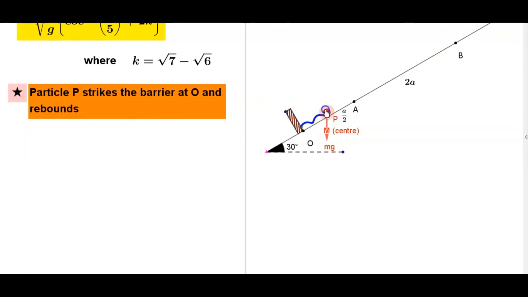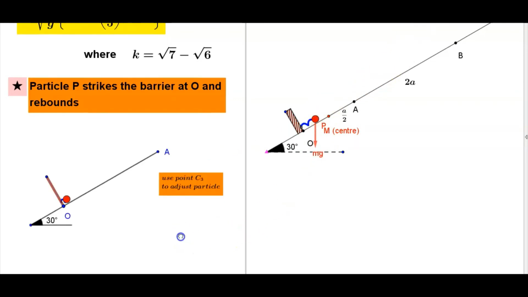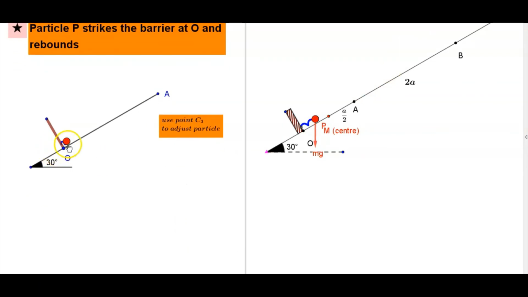I mentioned a separate diagram for this. It strikes the barrier with the velocity V, which we already found is square root of 7 ag.